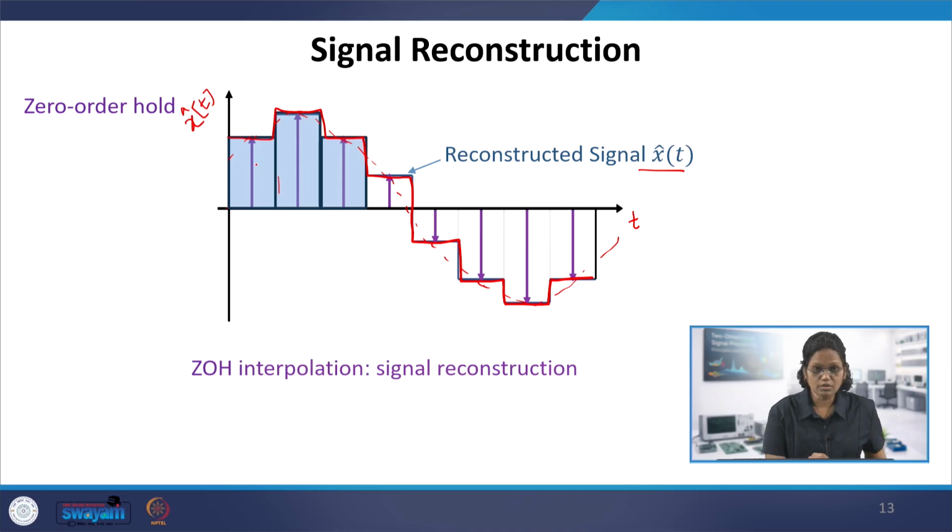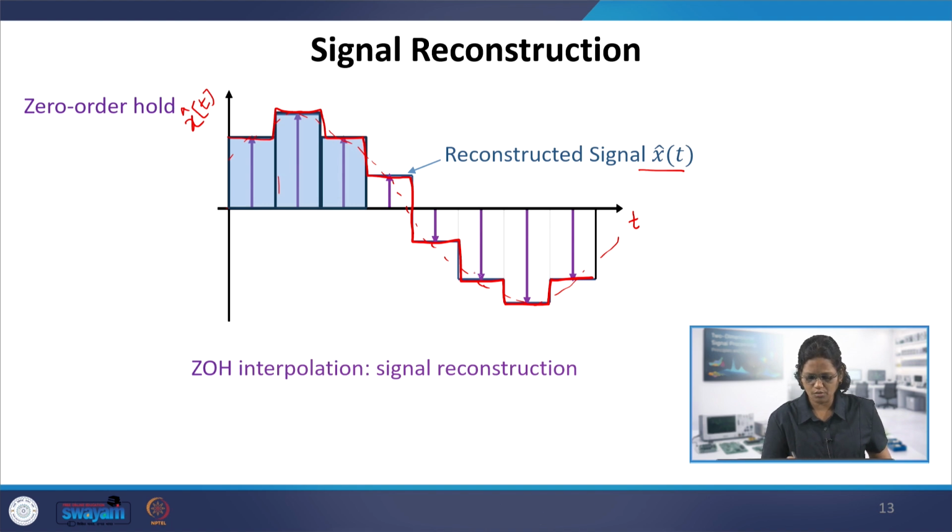The thing to understand is we use the ZOH whose impulse response is a rectangular function. When we pass an impulse to this ZOH, it responds with the rectangular function. When we pass the sampled sequence, each sample is held for an entire period of time, so the same value is held here.